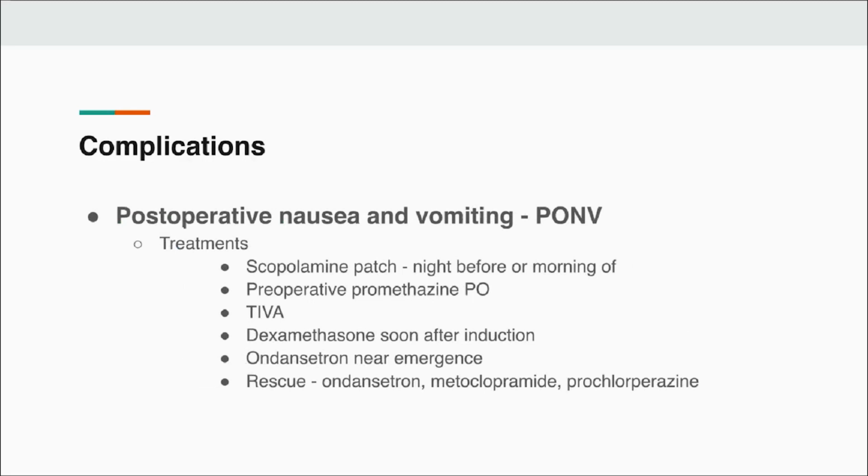We also give dexamethasone soon after induction and ondansetron near emergence to prevent nausea and vomiting. And then in the post-op area, if they need rescue medications, we can still give another dose of ondansetron, metoclopramide, or prochlorperazine for rescue medications.